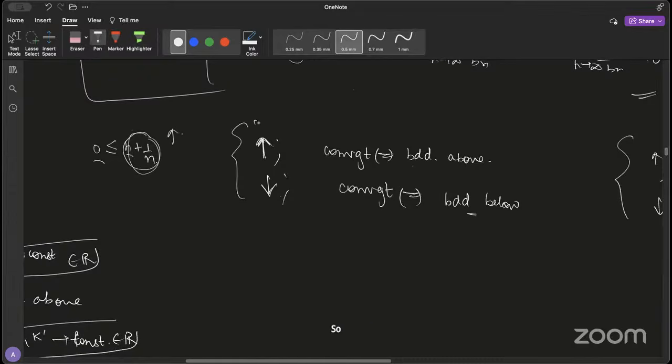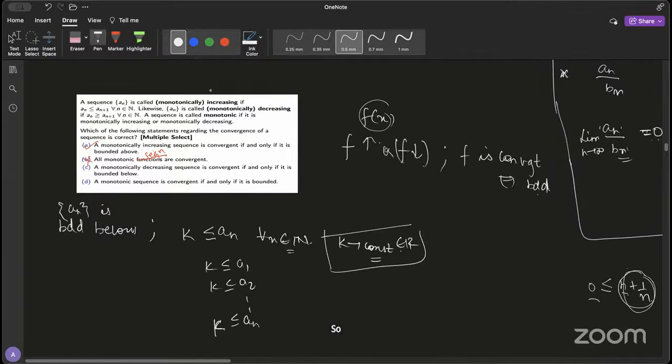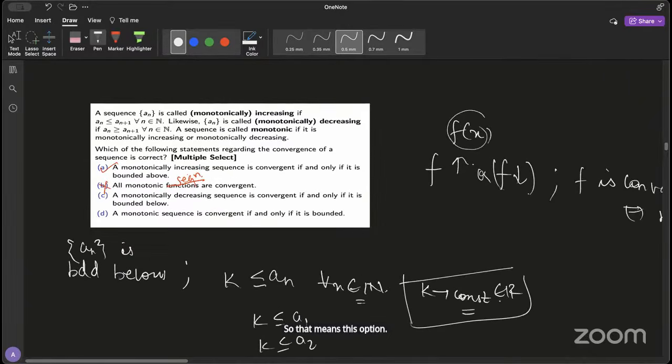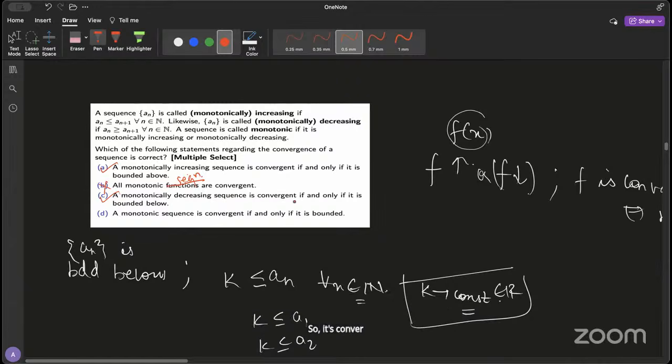So a decreasing sequence is convergent if and only if it is bounded below, right? That means this option should be correct. A monotonically decreasing sequence is already bounded above because it is decreasing. So it's convergent if and only if it is bounded, that means if and only if it is bounded below, right? That means this is correct. If anyone has a doubt in any option, you can unmute yourself and ask.